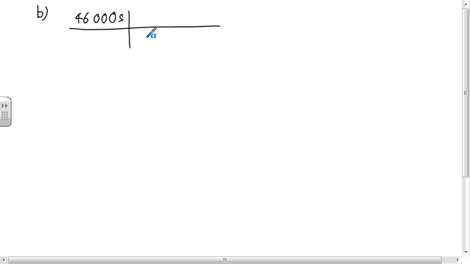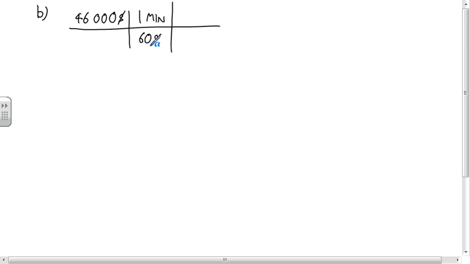Do we want 1 minute over 60 seconds or 60 seconds over 1 minute? Yep. 1 minute over 60 seconds. And now if you canceled those, you see that the number we would get is in minutes. And now we want to go from minutes to hours.